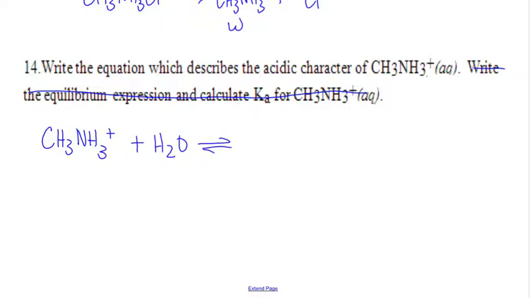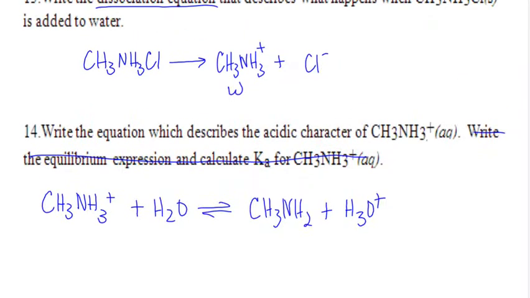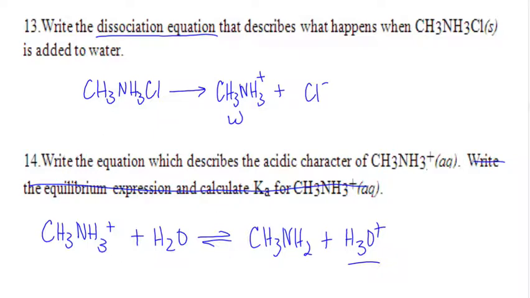So what are we going to make? CH3NH2 plus H3O plus. That has produced an acid in solution. Does that jive with the baby way? This came from a weak base. That came from a strong acid, right? So it should be acidic.